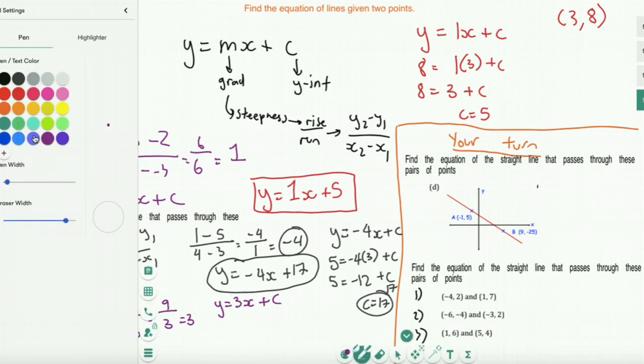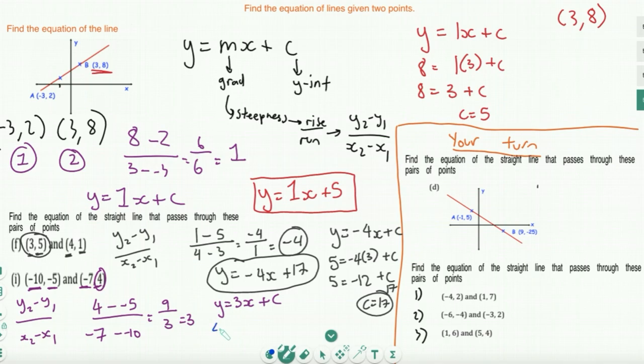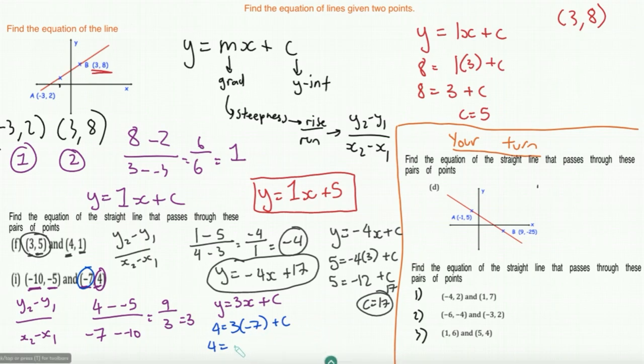I'll change color. Equals 3, x is negative 7, plus c. 4 equals 3 times negative 7, which is negative 21, plus c.